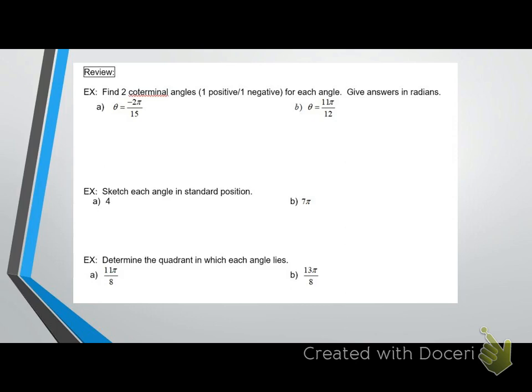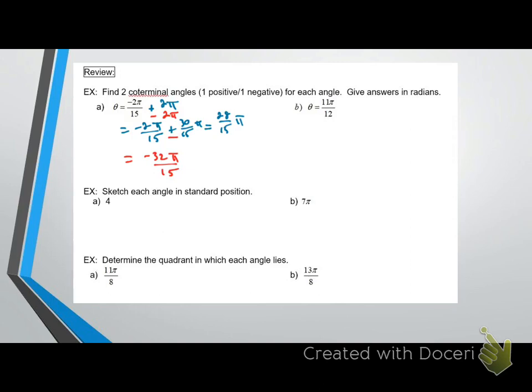All right, so if we want a positive coterminal angle, then we want to add 2 pi here, which is going to be the same as adding 30 over 15 pi, which is 28 over 15 pi. Then we can subtract, which is the same as subtracting 30 over 15 pi, which gets us negative 32 pi over 15. So there are your two coterminal angles.